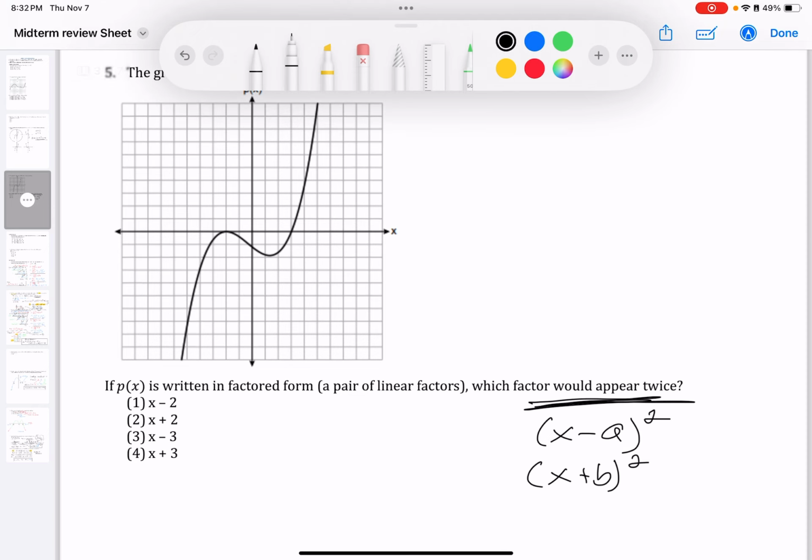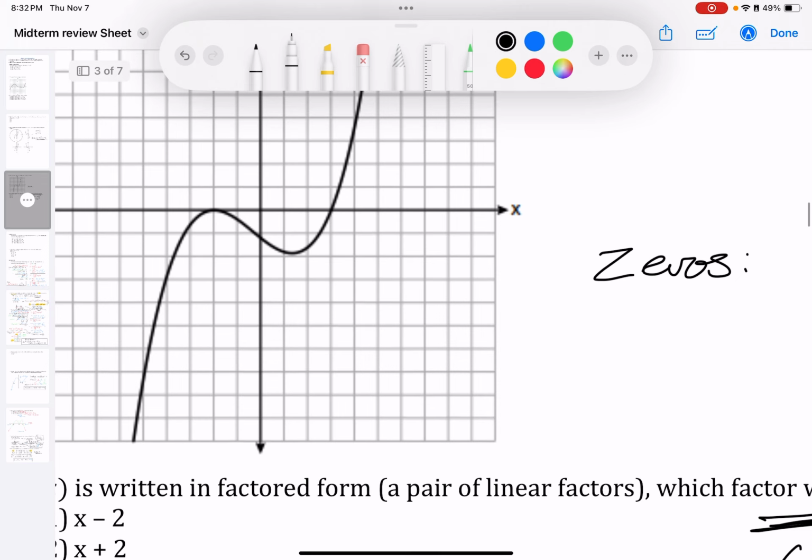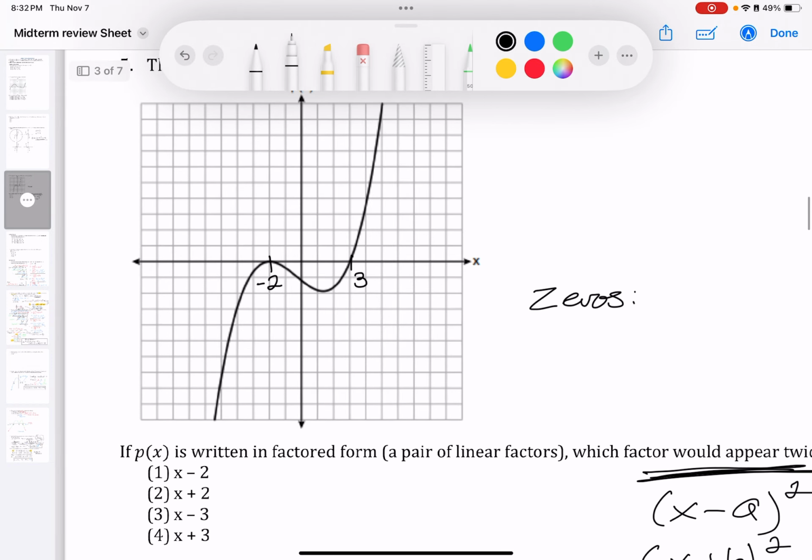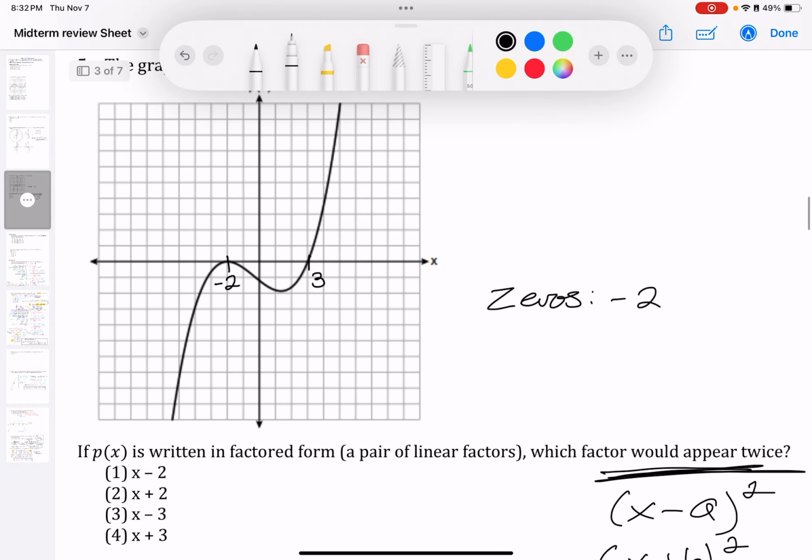So let's find the zeros. The zeros in this case appear to be -2 and +3. So the zeros are -2 and 3.